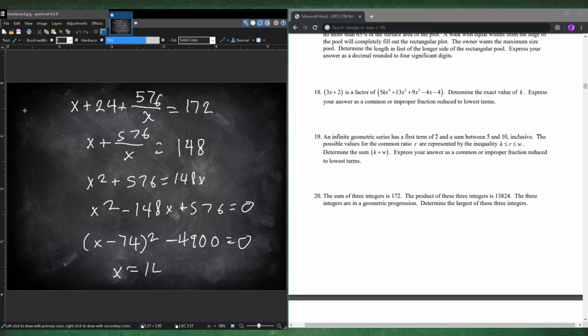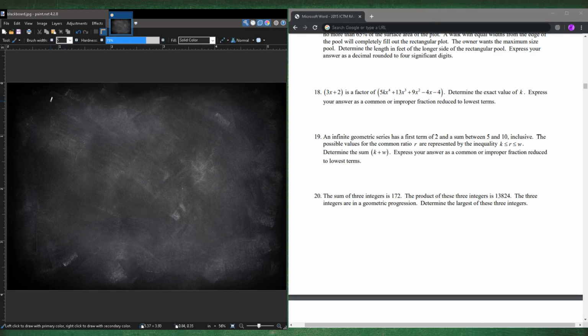So x is equal to 144, right? Because x cannot be a negative number. Sorry, never mind. So x is equal to 4 or 144, okay?